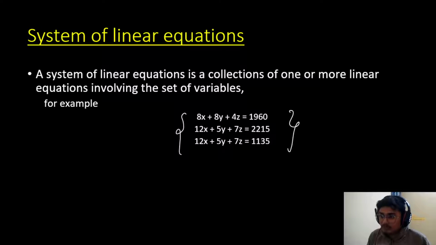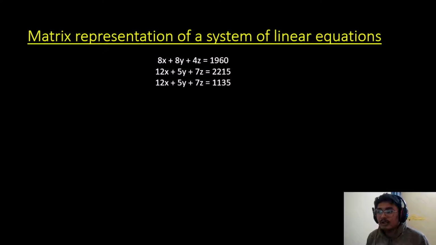Now let's move toward the main topic, why we are studying the system of linear equations. It has a very important role. So let's move toward our next topic, that is the vector representation of a system of linear equations.